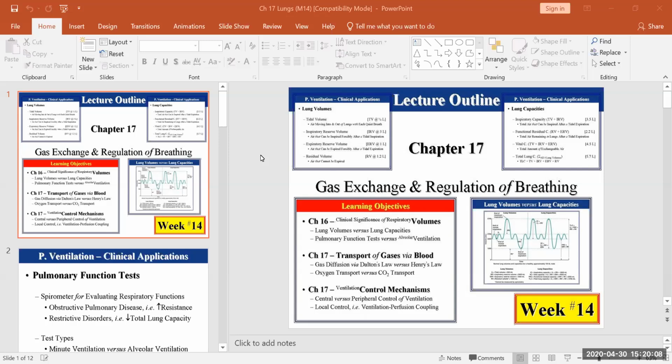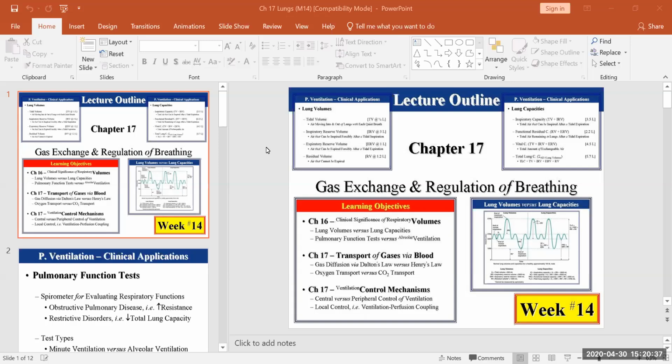So starting with chapter 16, we're going to review what is a volume, as seen up here, and what is a lung capacity. Once we define these two basic concepts, lung volumes and lung capacity, then we can understand much more thoroughly concepts from chapter 17.